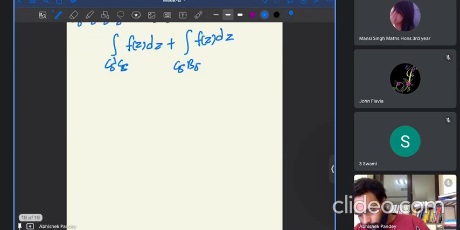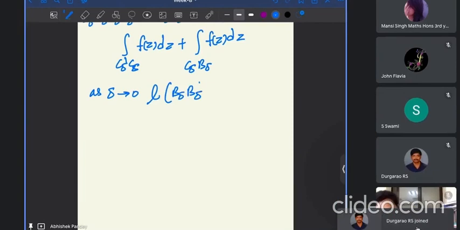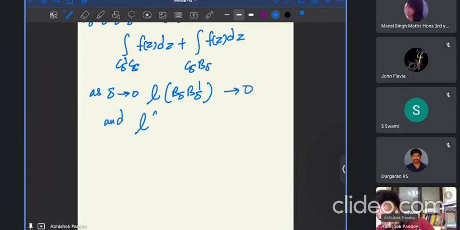Now as delta tends to 0, again the length of B delta and B delta dash tends to 0 also, and the length of C delta dash, C delta tends to 0.